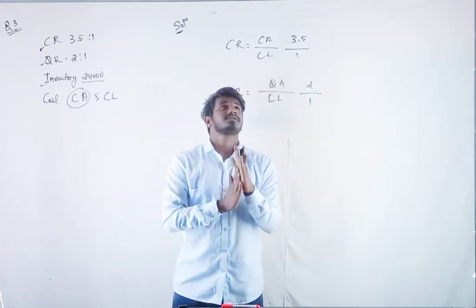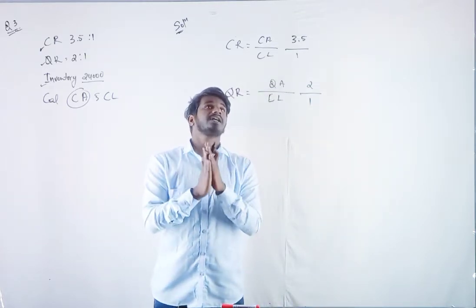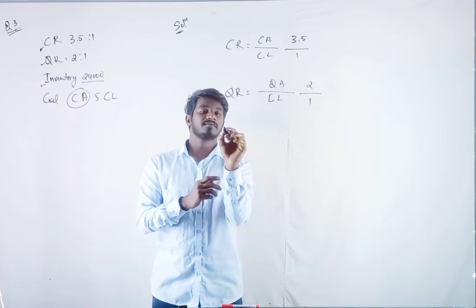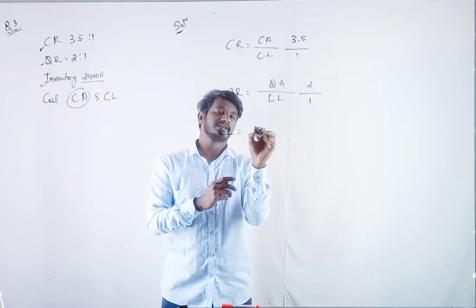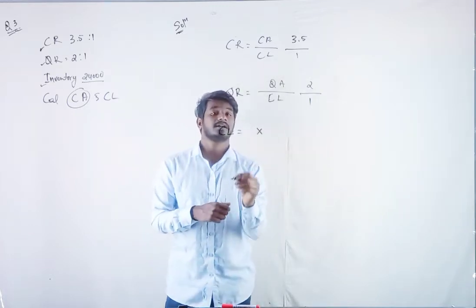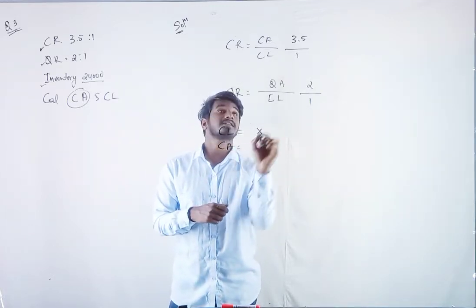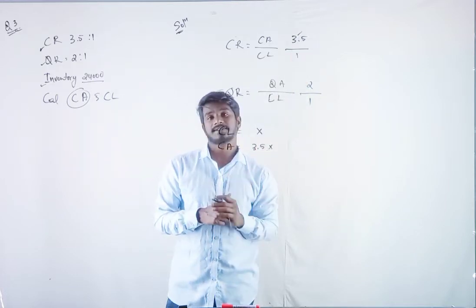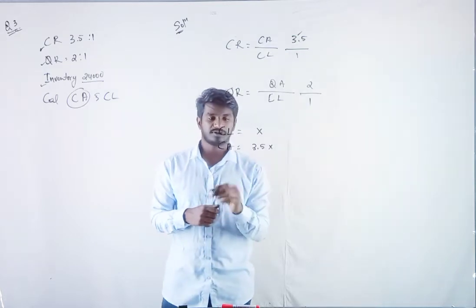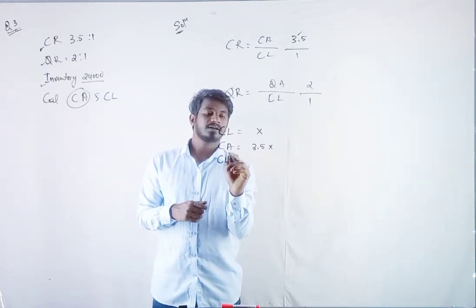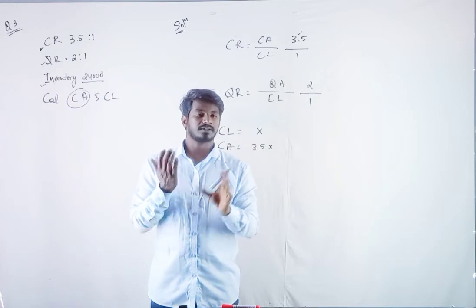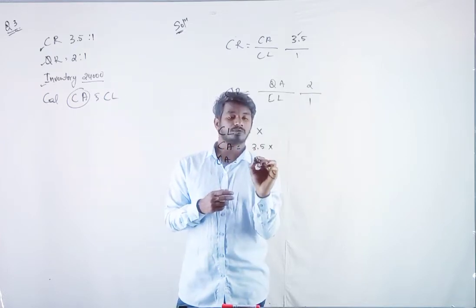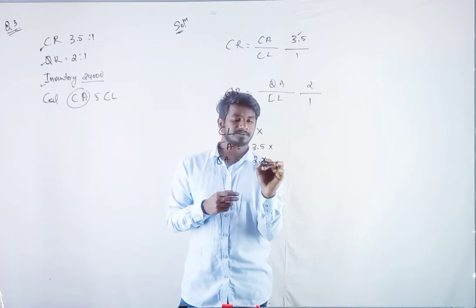So, shall we assume current liability as x, and current asset as 3.5x? Can you assume that? Yes, obviously. Quick asset, how much they have given? 2x.